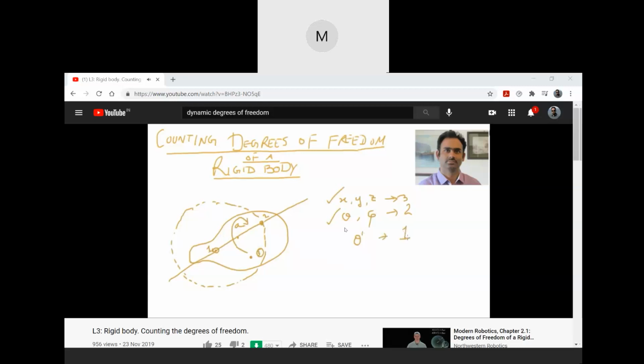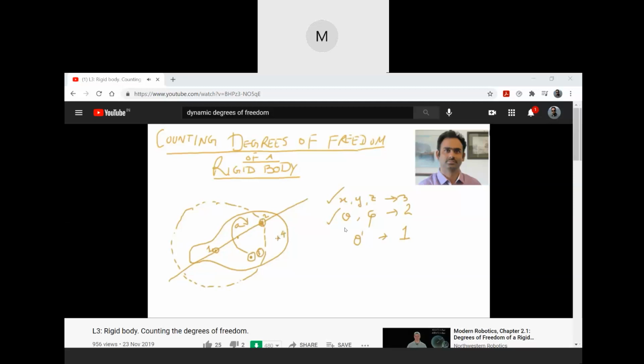Now, is there anything else left? Once you have said this point is here, this point is here, and this point is here, can a fourth particle be somewhere else? Well, there is no freedom left now.